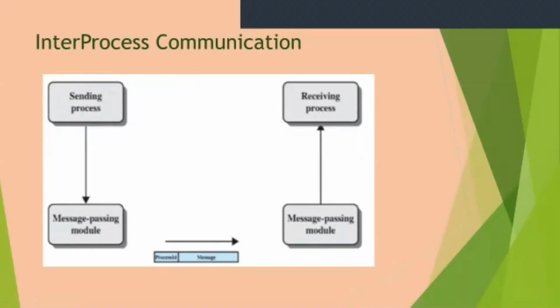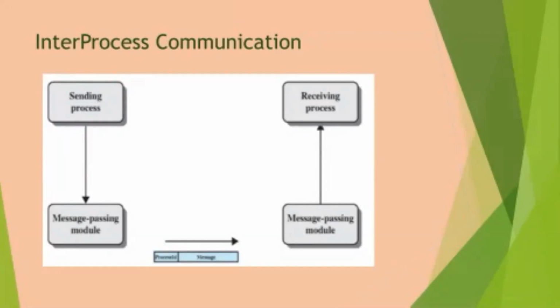Because if there are several processes that are communicating, then it becomes difficult to differentiate which message is intended for which process. So with the help of process ID, this is taken care of. Suppose there are 5 processes, process 1, process 2, up to process 5. Now each and every message contains a process ID, that for process P5 these are the messages. So that is the need of process ID, so that data gets communicated properly.